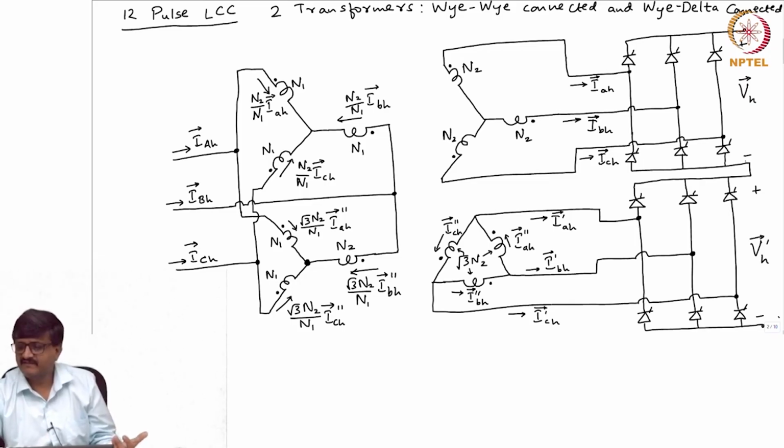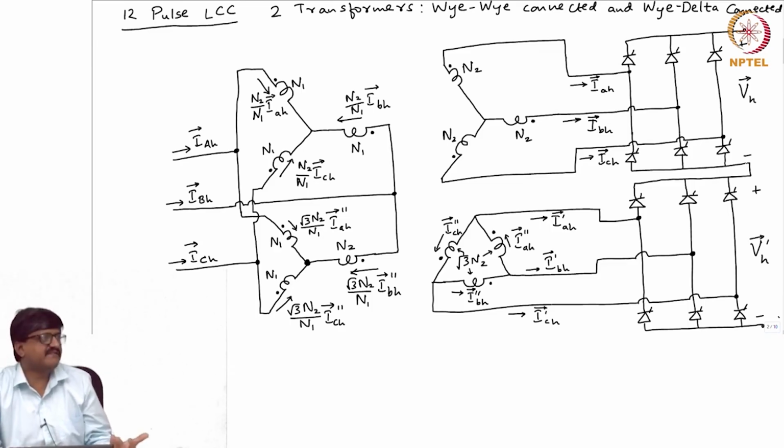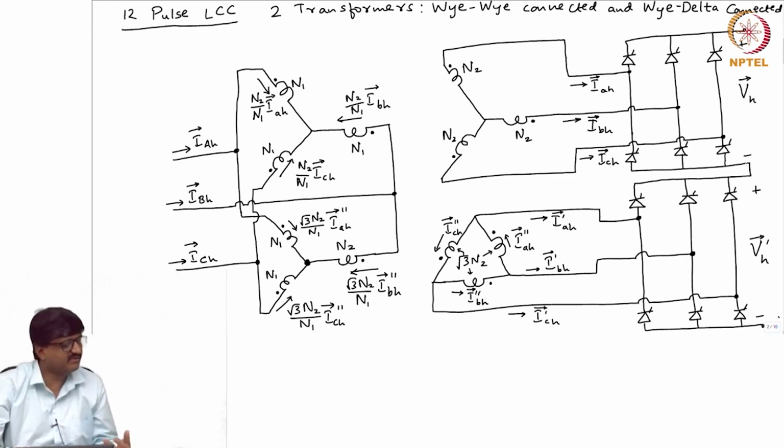The minus sign terminal of the first 6 pulse LCC is connected to the plus sign terminal of the other 6 pulse LCC. Since these two voltages appear in series, the average value of the entire 12 pulse LCC is the sum of the averages of the two 6 pulse LCCs. That is obvious, but what happens to harmonics is the question.